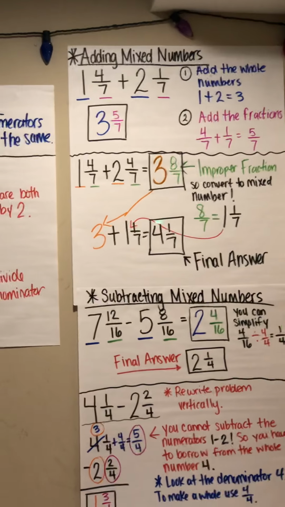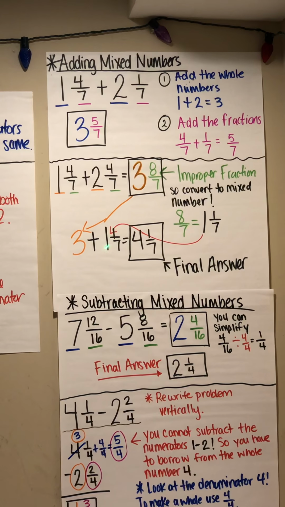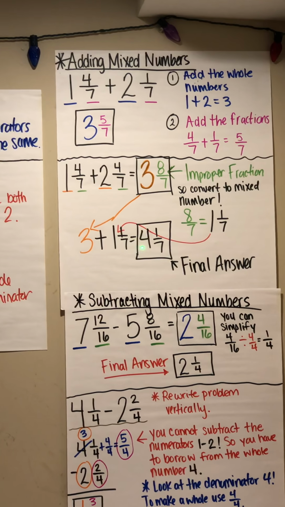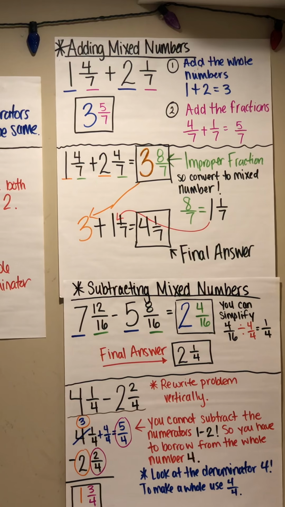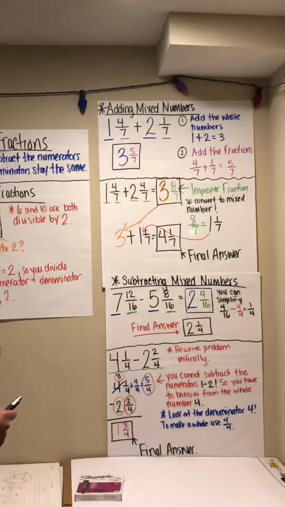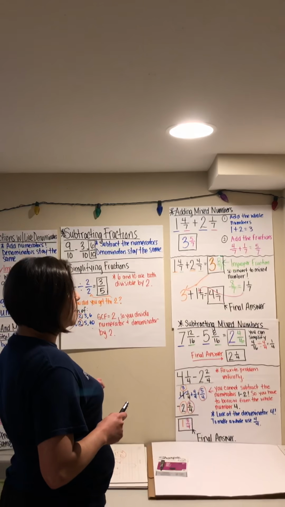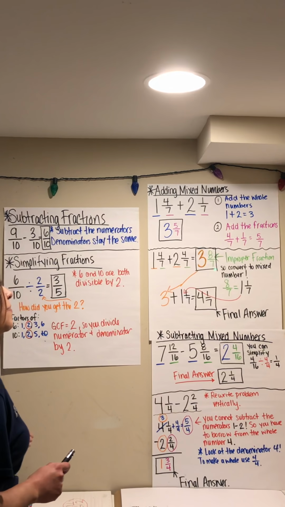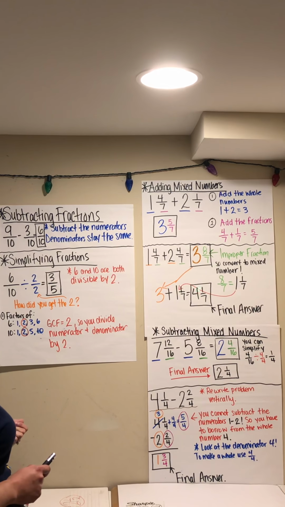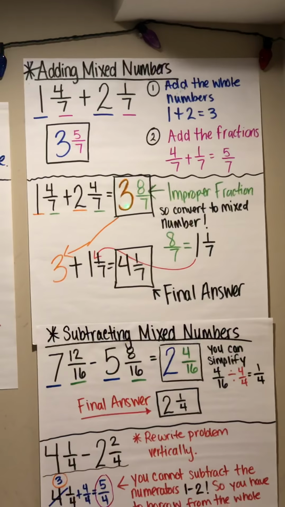So now you bring this over here and you add the whole number 3 plus 1 and 1/7, and then you get 4 and 1/7, and that's your final answer. So you only have to do this if, when you finally add the mixed numbers together, the fraction is an improper fraction. You have to convert the improper fraction back into a mixed number, and then just add that mixed number to the other whole number.